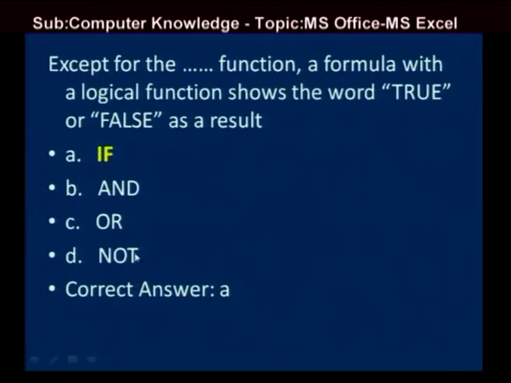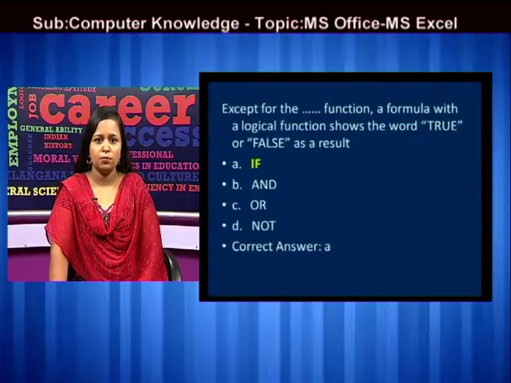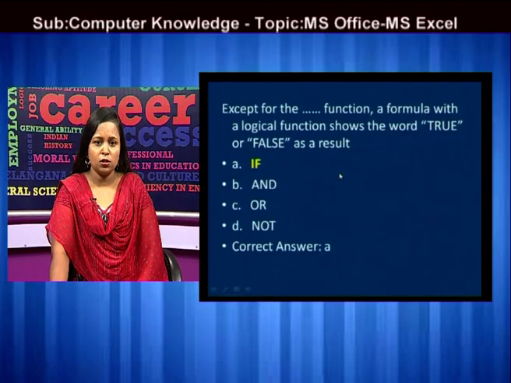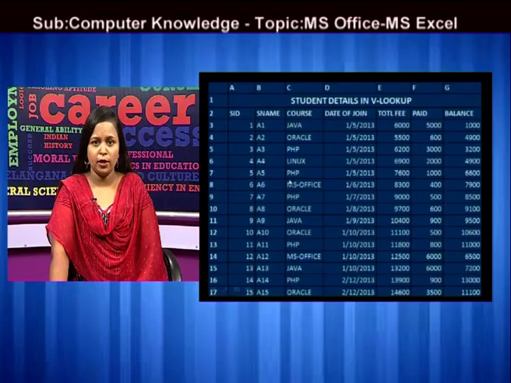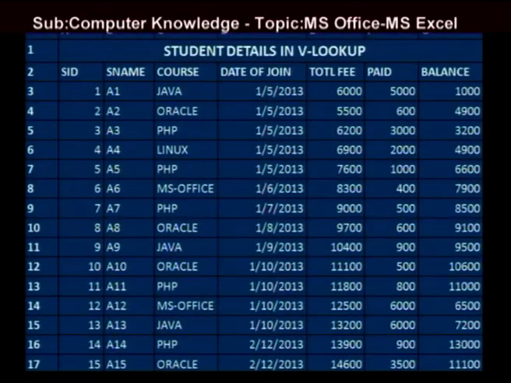Next, some important questions for your topics. Except for the functions, a formula with a logical function shows the word true or false, that is the IF. A function inside a function is nested, already repeated. Then VLOOKUP, a very important concept.